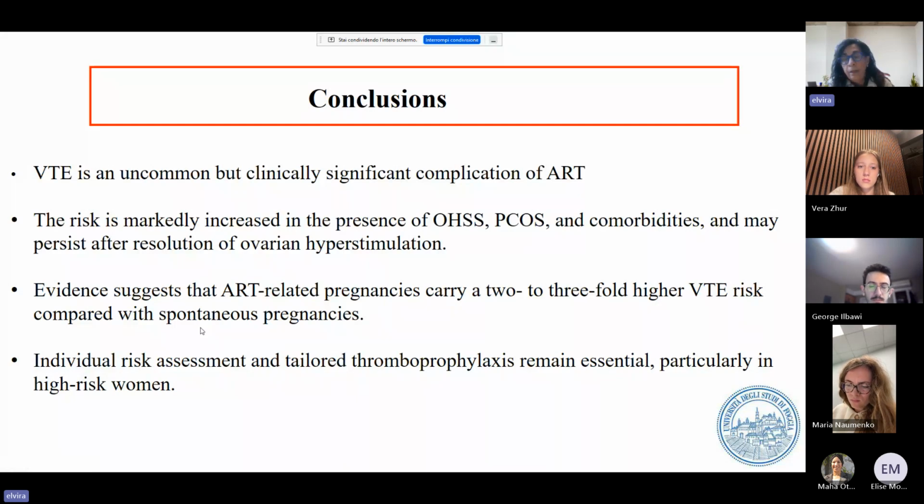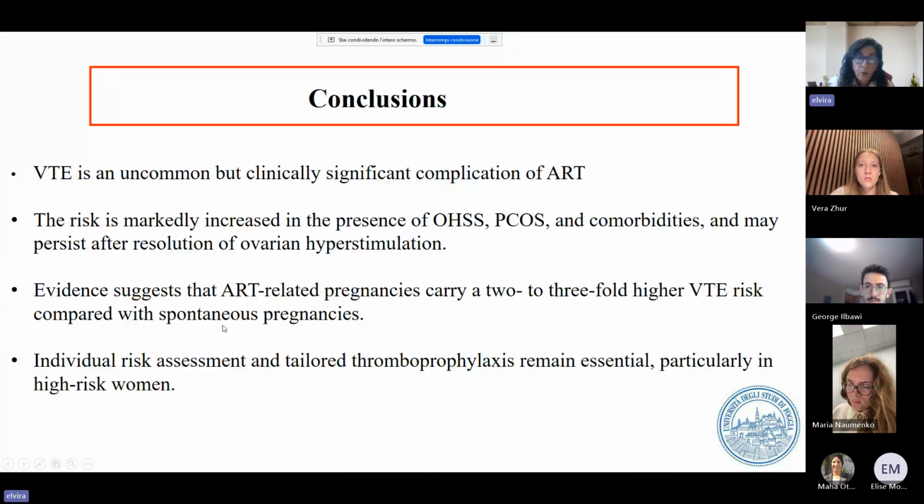And we should focus, especially as far as VT is concerned, on ovarian hyperstimulation syndrome after the ovulation induction, and on polycystic ovary syndrome, that is often diagnosed and often leads to infertility treatment.